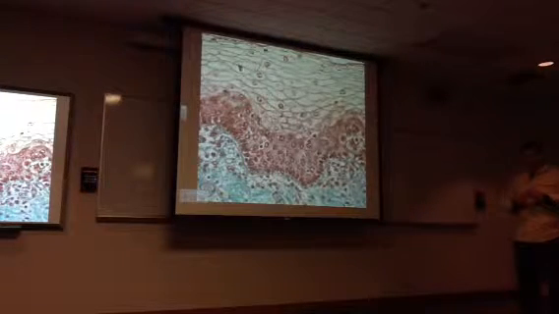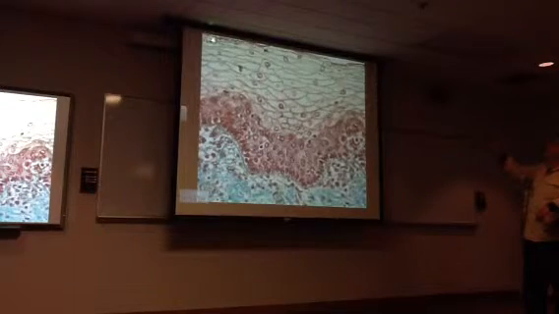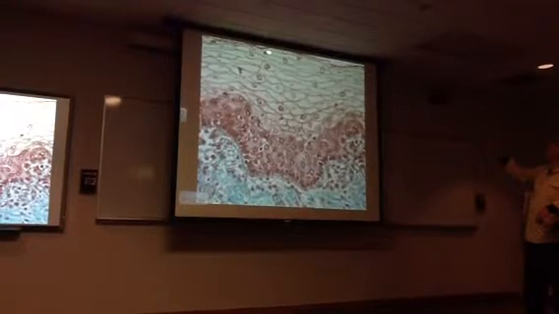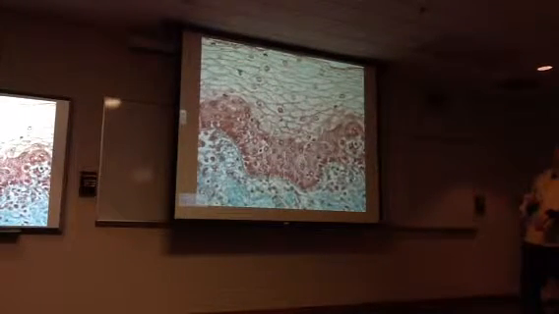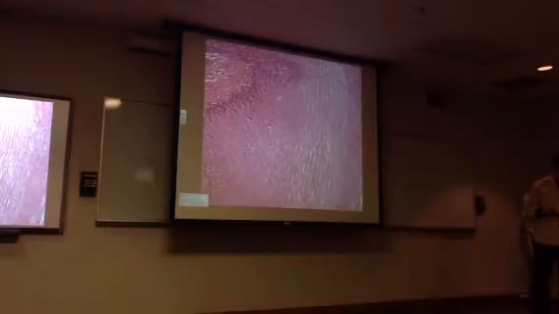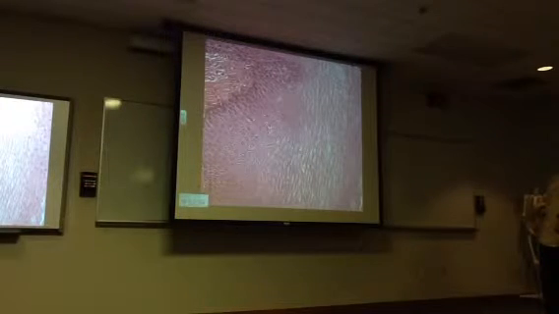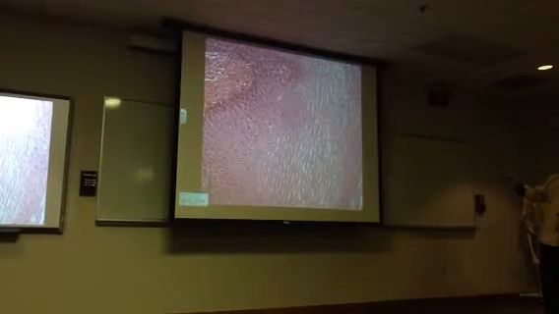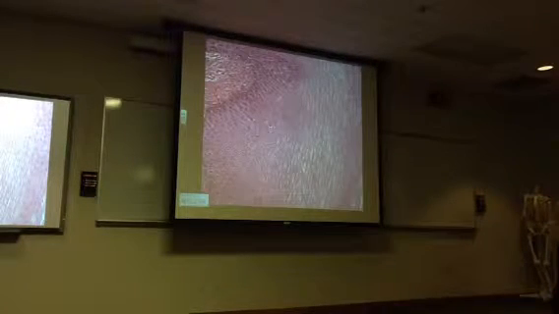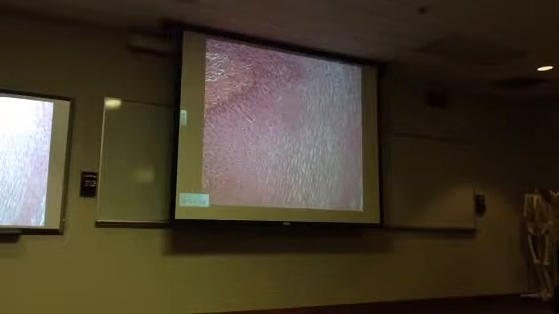The top surface is up here. So this epithelium is a stratified squamous. No, it's not keratinized. The surface is not on the slide. It's here. Okay, it got clipped a little bit in putting it up for the computer images. But it's a stratified squamous.